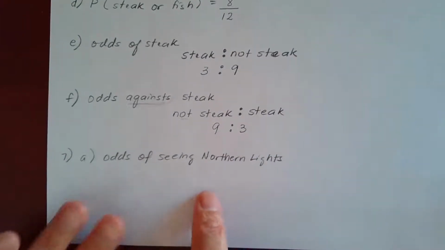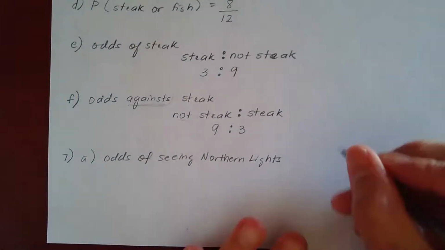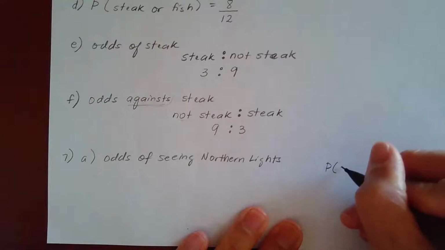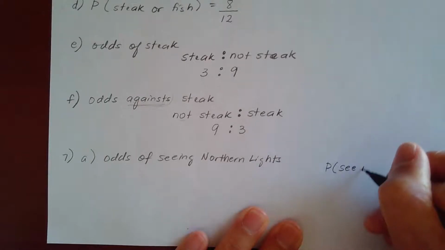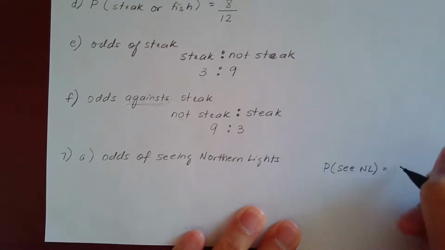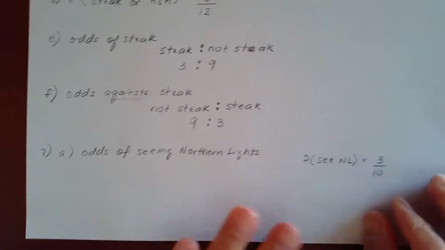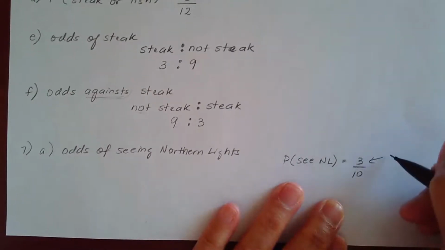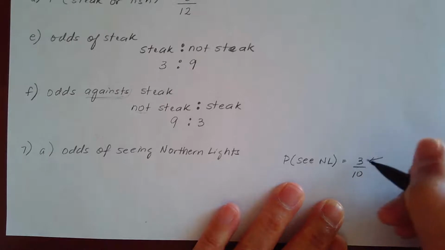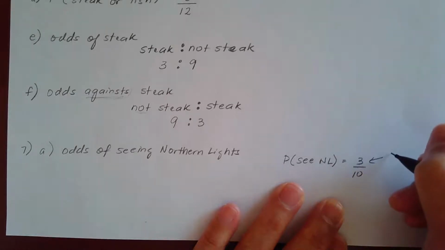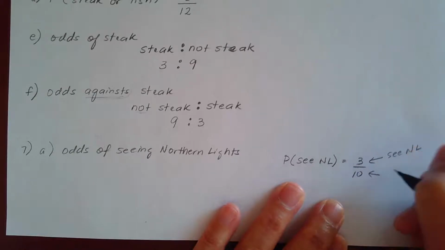We know that probability of seeing, I'll just put NL, northern lights, is 3 out of 10. So that tells us this is how many times have we seen northern lights? 3. See northern lights. And then this one are all possibilities.